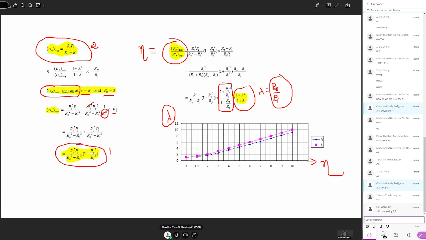Then what is meant by average tangential stress. For this problem, we are just doing it theoretically: what will be the ratio of the maximum tangential stress over the average tangential stress? We can write this in terms of the ratio of the outer radius and inner radius.